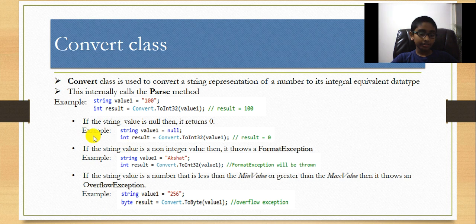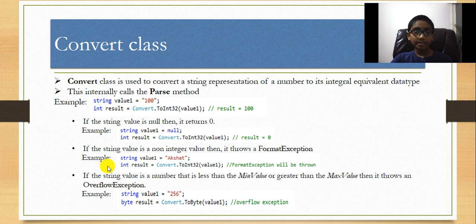For example, here I'm declaring a string and its value is null. Then I'm declaring an integer and converting this string to an integer. The value of this result variable is going to be 0. If the string is a non-integer value, then it throws a format exception.